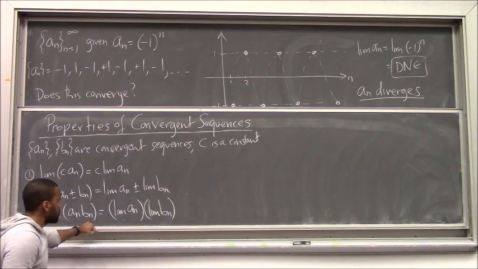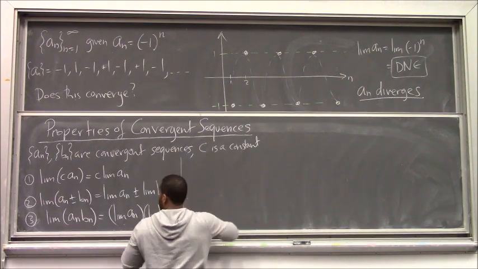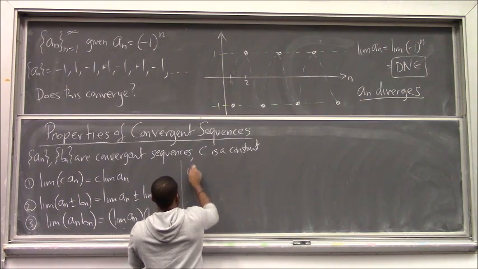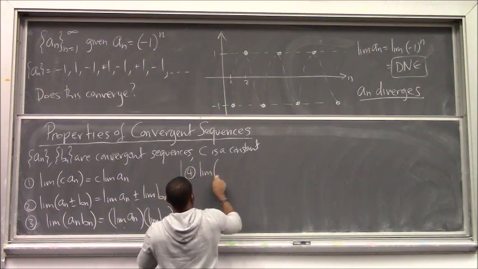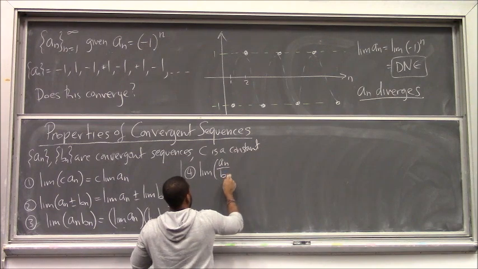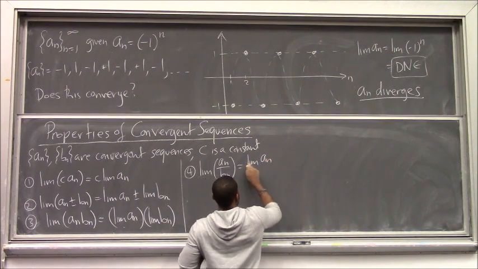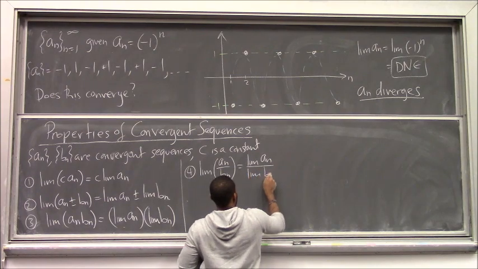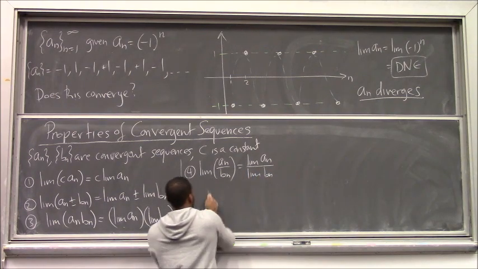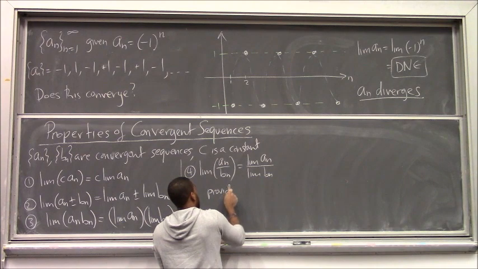So that's still true. That's nice. They also distribute across divisions. So if I have the limit of one sequence divided by another sequence, this is just the limit of the top sequence divided by the limit of the bottom sequence, provided, of course, they're not divided by 0.